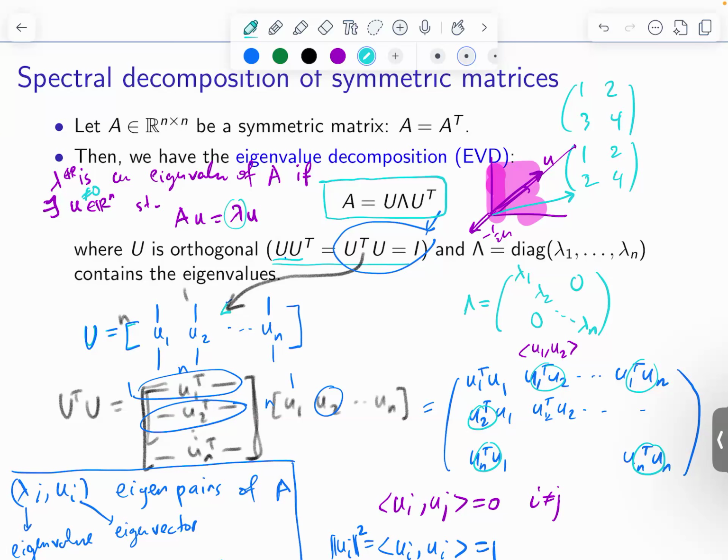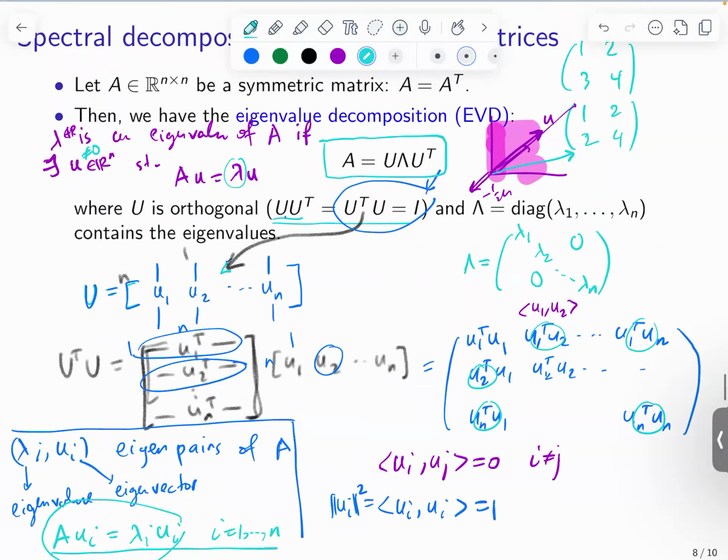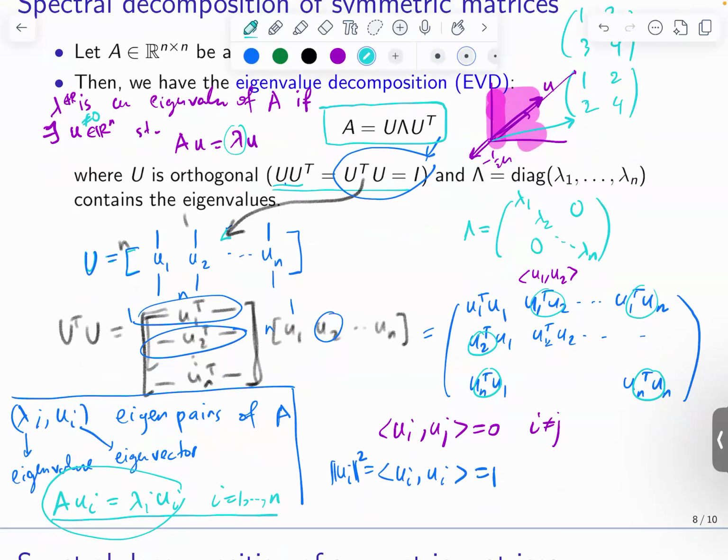All you have to verify is this identity, which you can do. So you can just multiply A by u_i and replace A with U lambda U transpose and do the multiplication. And you end up proving that the other side is lambda_i u_i.